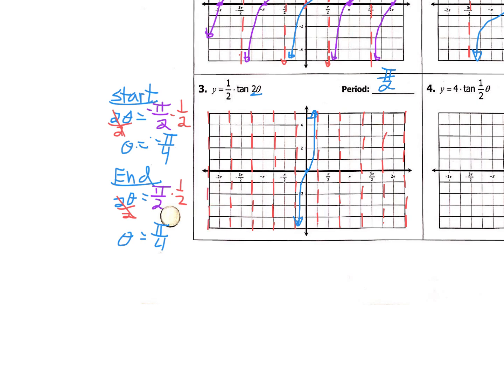Okay, and so then I'm going to put the point in the middle, right to left, and arrows. Point in the middle, right to left, arrows.